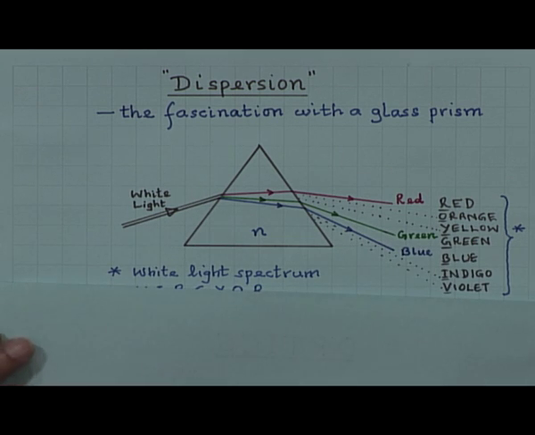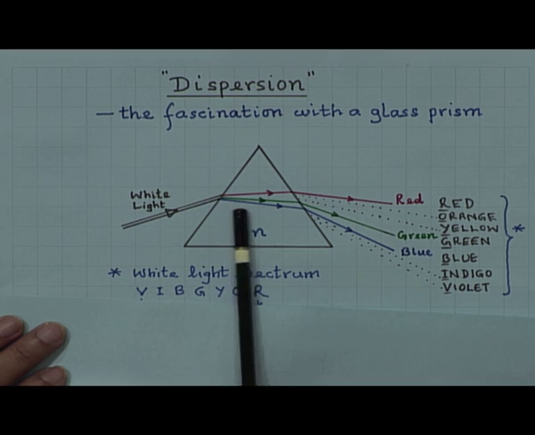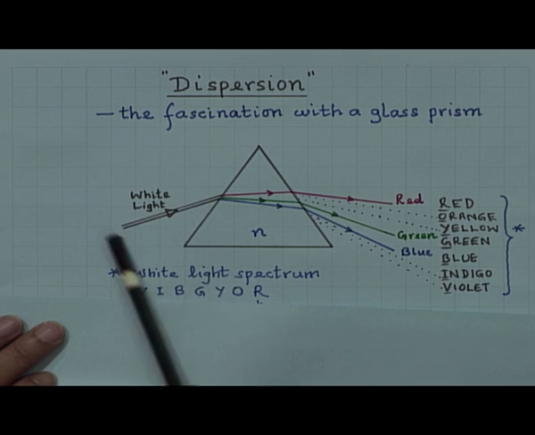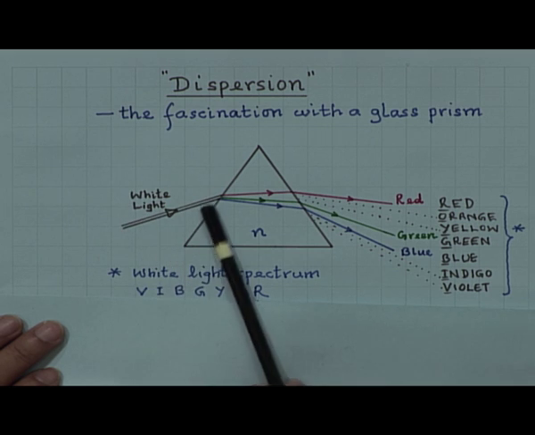That is the first impression that we have when we talk of dispersion or when we talk about the prism. What is shown here is incident white light which disperses, that is, spreads out into its component wavelengths. White light comprises a large number of wavelengths, or almost a continuum of wavelengths.